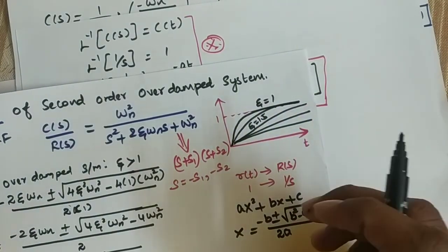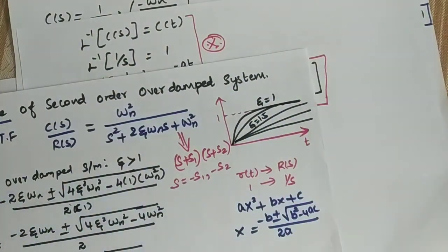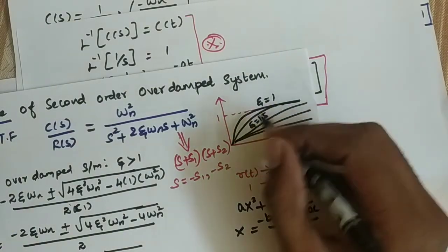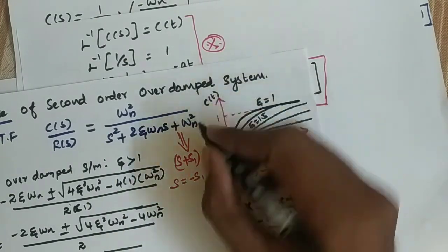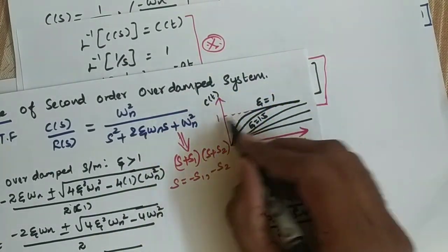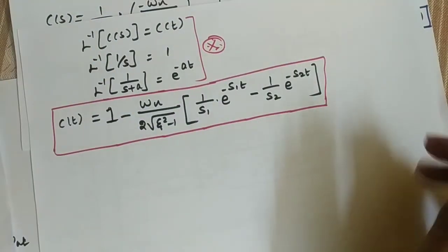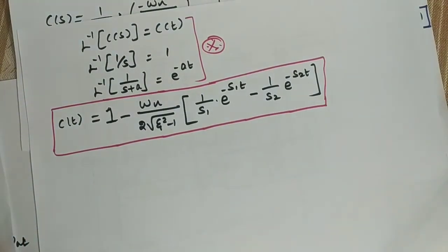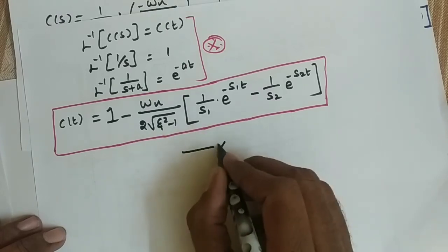If you are taking actions for controlling the output at the set point value, you are actually overperforming, so your damping system is controlling the output. That is why we are plotting this response. This is C of t, the black curve is C of t, and the red curve is the unit step input. So this is the derivation for the second order overdamped system response. Thank you.